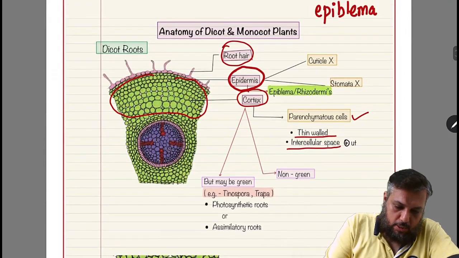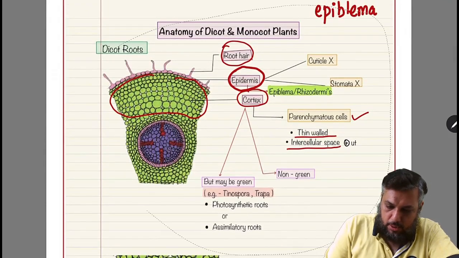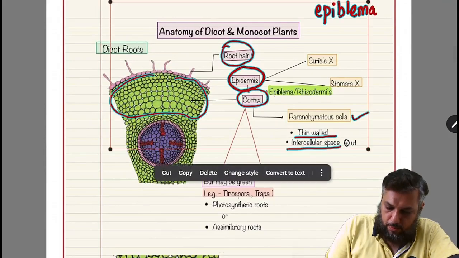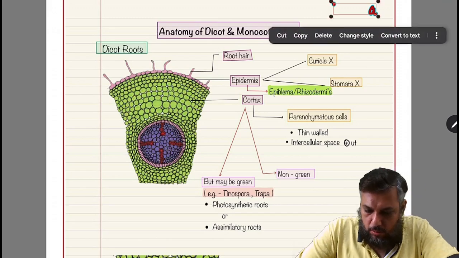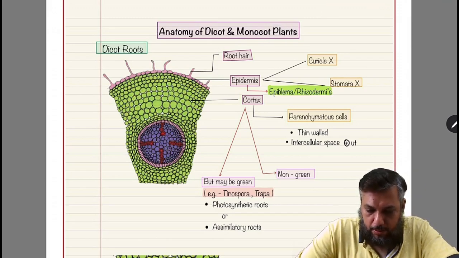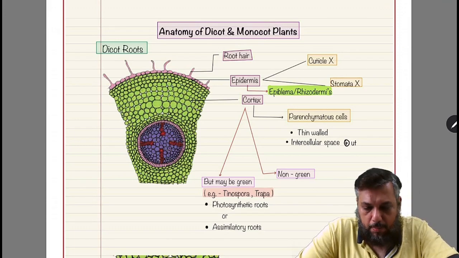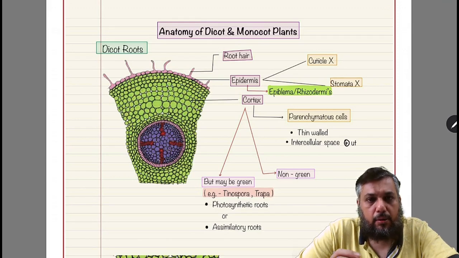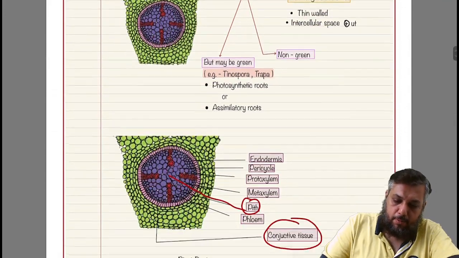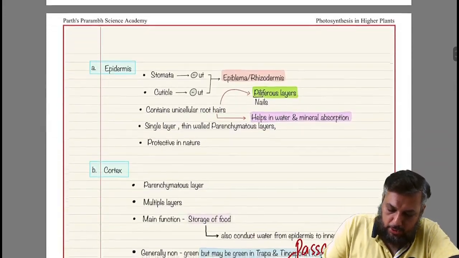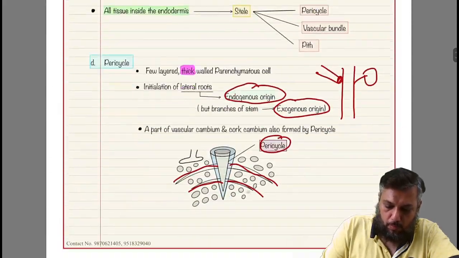We have seen कि अलग-अलग layers क्या होते हैं. तो quickly सबसे बाहर होता है epiblema with the root hair followed by cortex, endodermis, pericycle, vascular bundles and the pith. और xylem और phloem के बीच के टिश्यू को हम कहते हैं conjunctive tissue.